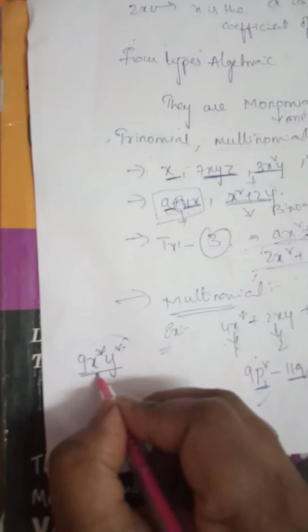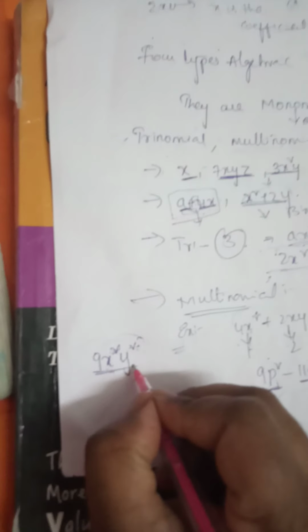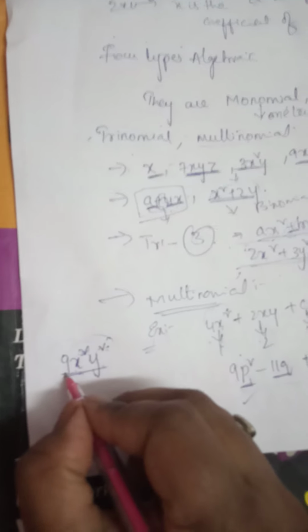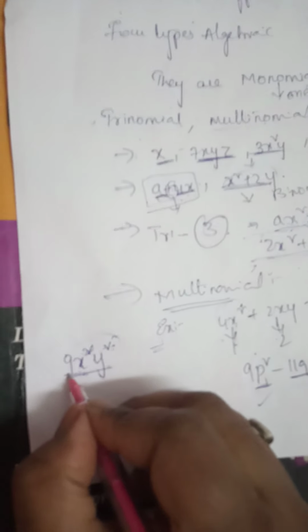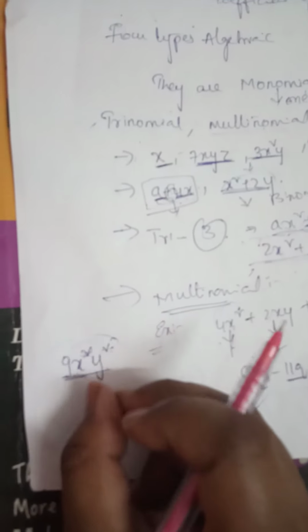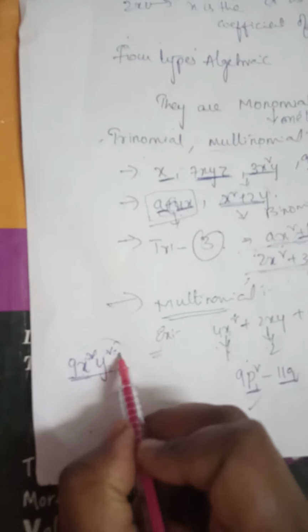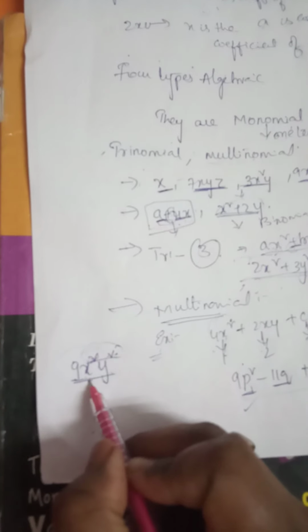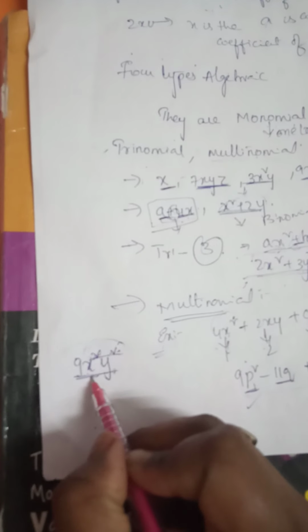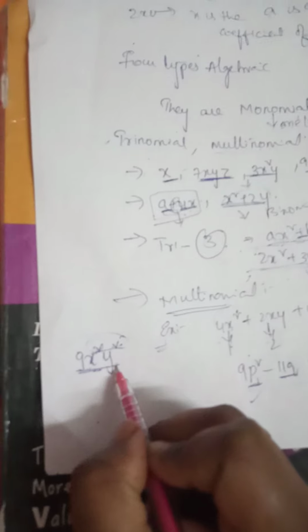What are the variables here? x and y are variables. Here 9 is considered to be a numerical. But in degree of expression, everyone listen carefully. If they ask to identify the degree of expression in the given expression, we have to sum only the exponents of the variables. What are the variables here? x and y are variables.